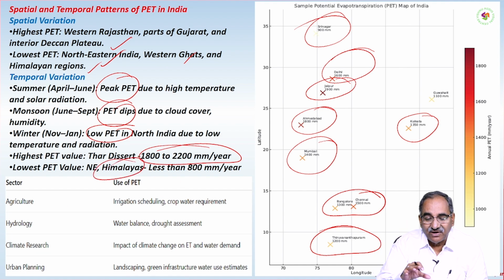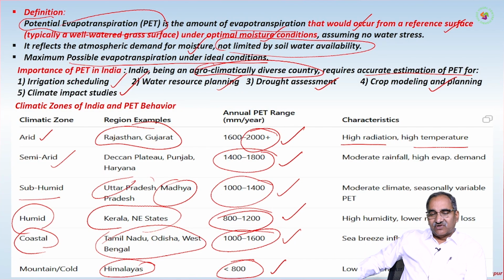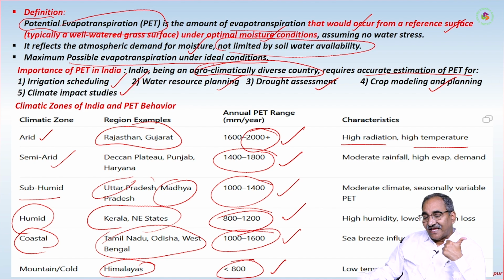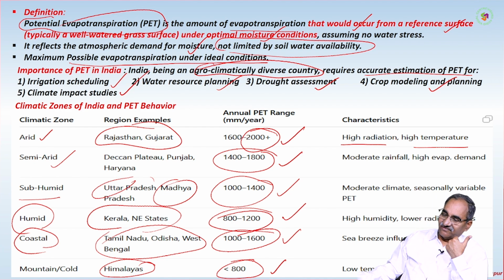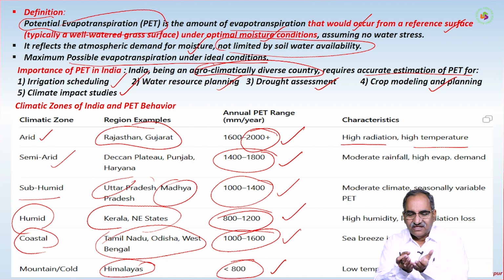So kindly remember why all this is given: potential evapotranspiration is the maximum possible evapotranspiration under ideal conditions. And one more thing, this is the amount of evapotranspiration that would occur from a reference surface.